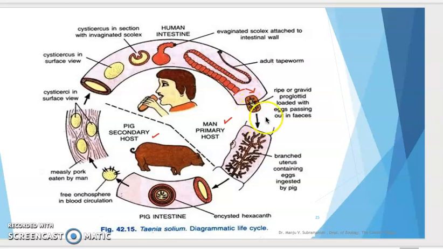And when these eggs reach outside, this contaminated fecal matter, which is heavily loaded with gravid proglottids, may be accidentally fed upon by a pig.